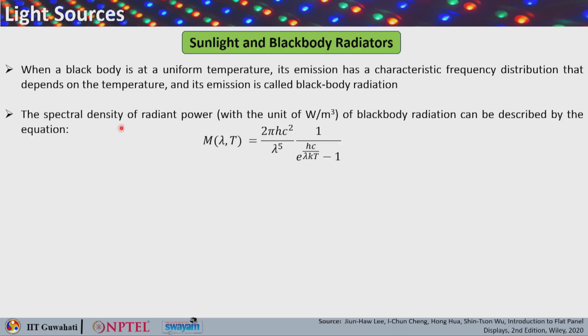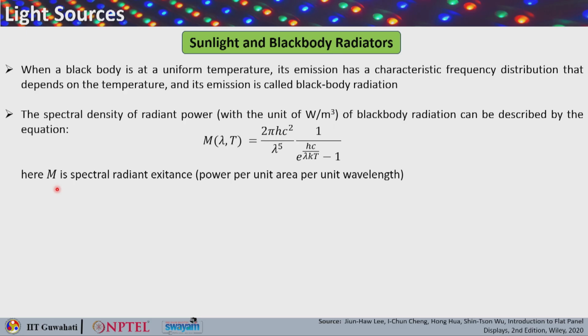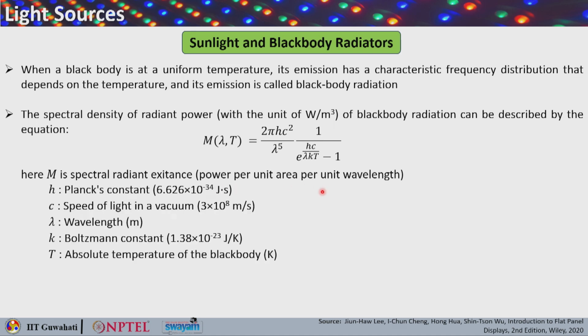The spectral density of the radiant power, which you can measure in watts per meter cubed, for the black body can be expressed using this very popular equation: M(lambda, T) equals 2 pi h c squared divided by lambda to the power 5, times 1 over e to the power h c divided by lambda k T, minus 1. Here M is the spectral radiant excitance, that means how much power per unit area per unit wavelength is coming out of the radiator.